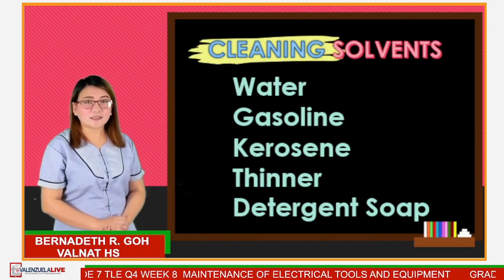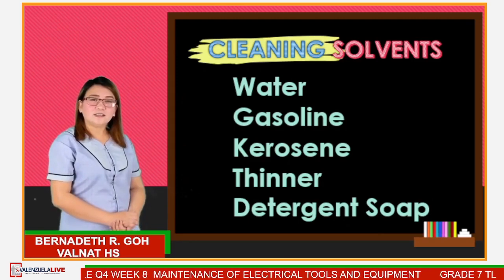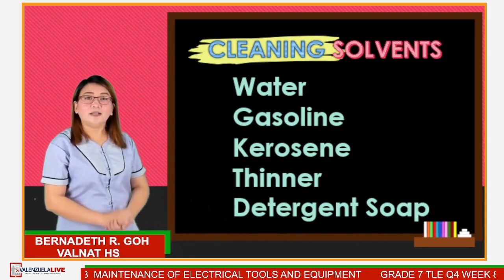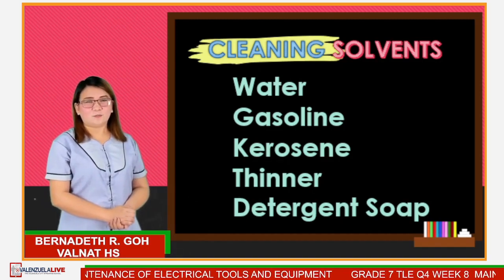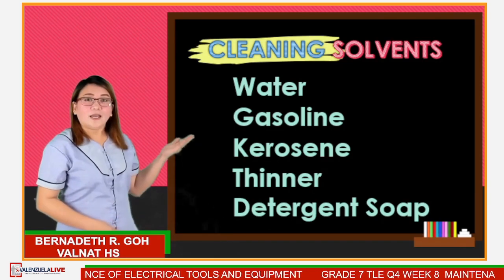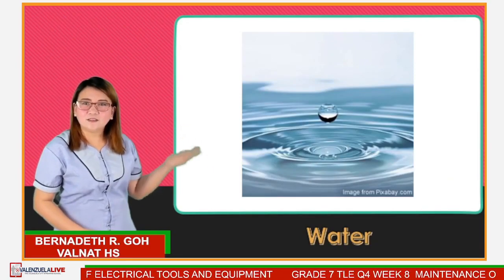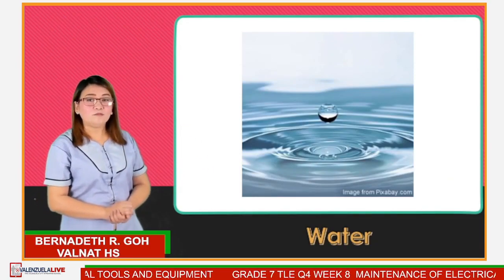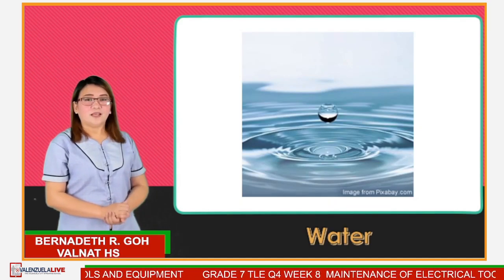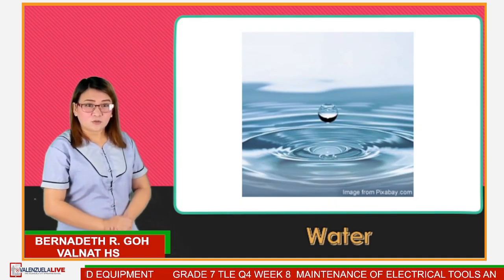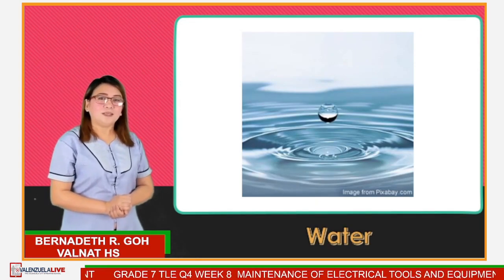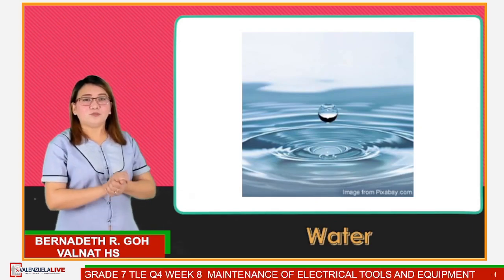Water, gasoline, kerosene, thinner, and detergent soap are cleaning solvents. Water is considered as the universal solvent because of high polarity of the water molecule. Light dust and soils on tools can be effectively removed with water only.